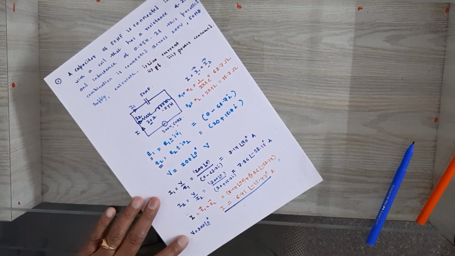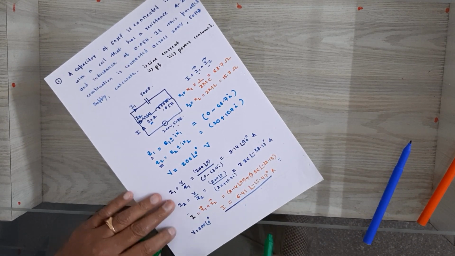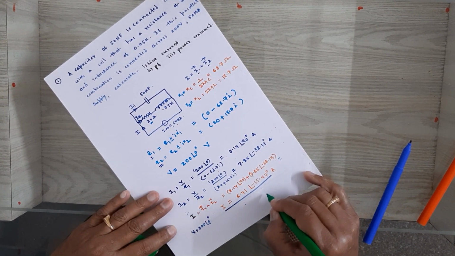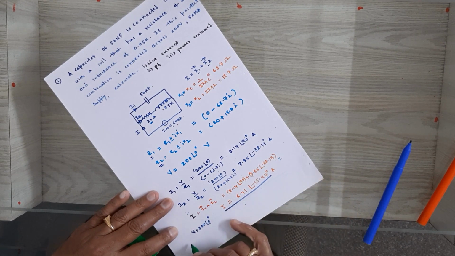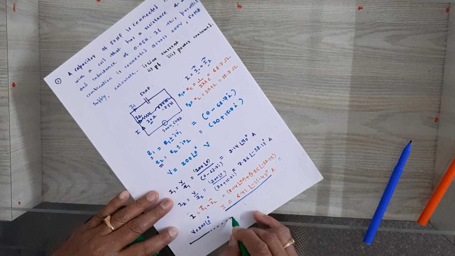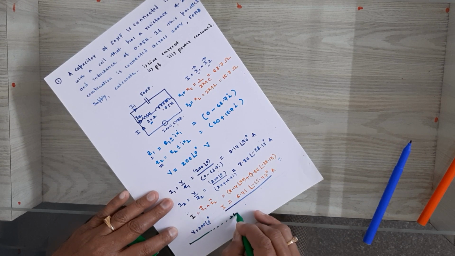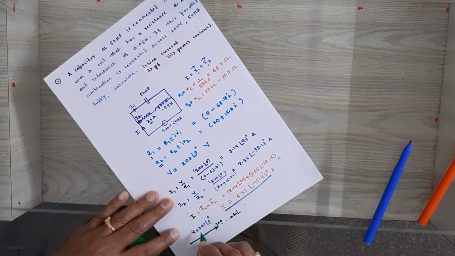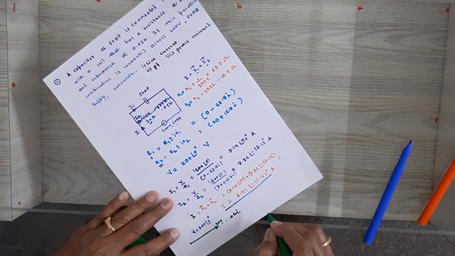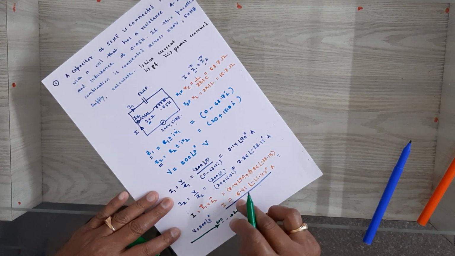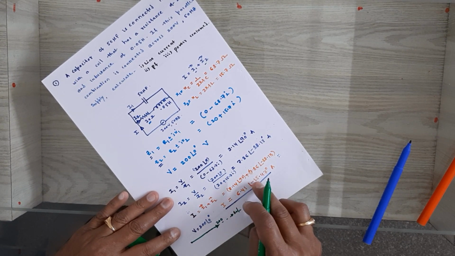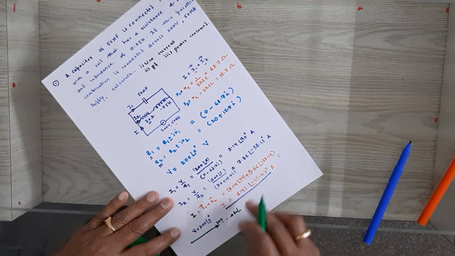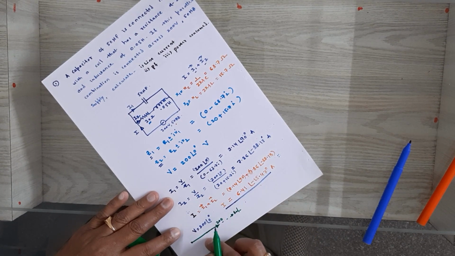Okay, for this I want to draw the vector diagram. That is, first you have to draw the reference. This is your reference. Here your 200 volts, it is 0 degree, it is all along the reference. See here, I has got a magnitude of 6.41 and it is minus 15. Minus 15 means you have to take in the clockwise direction.